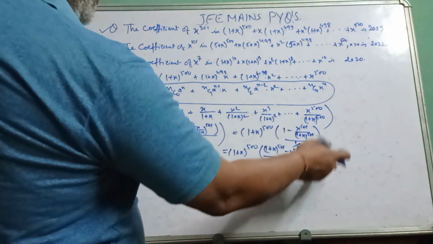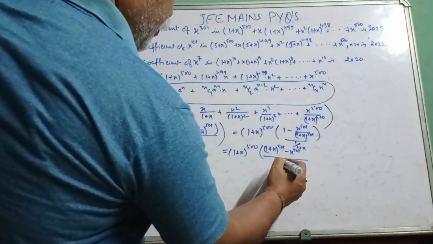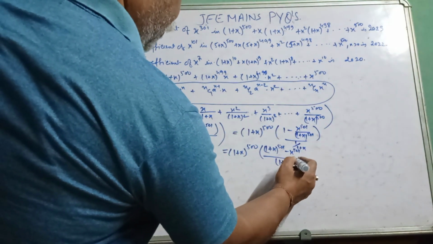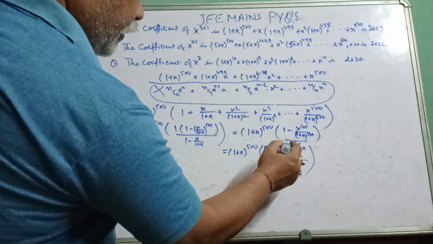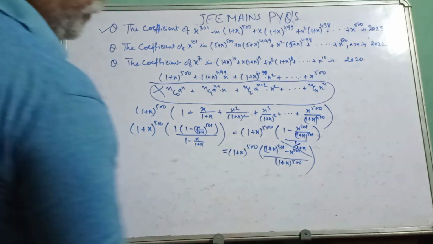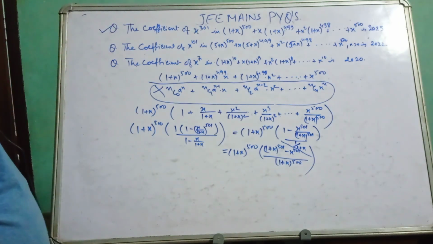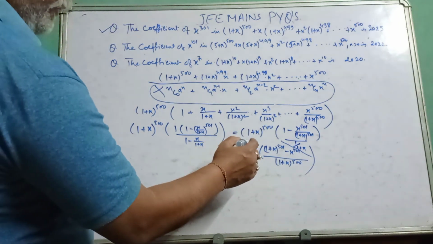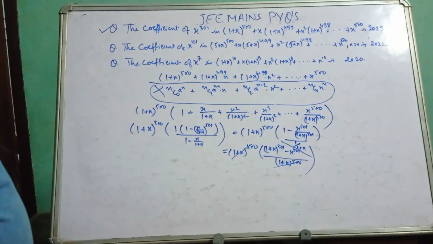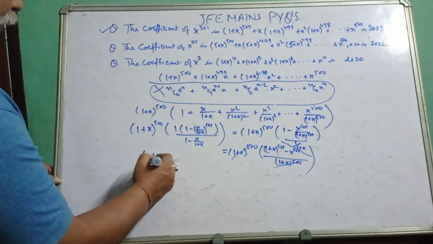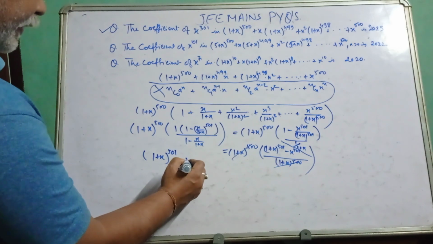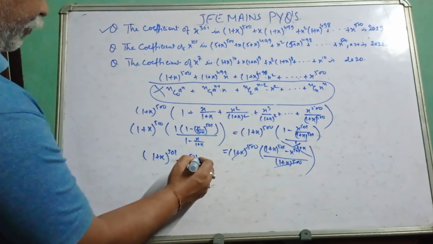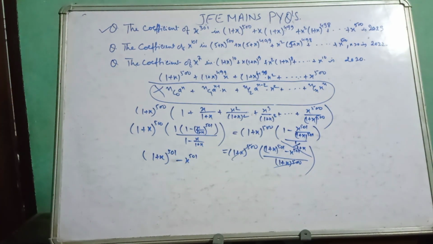This will come down, and this 1 plus x will go up, so this and this cancel out. The only result left with you is 1 plus x to the power of 501 minus x to the power of 501.